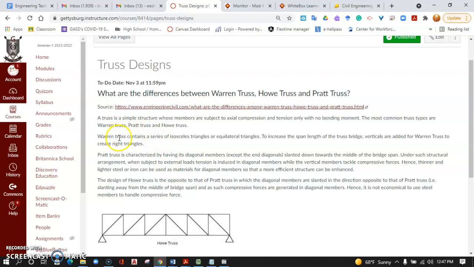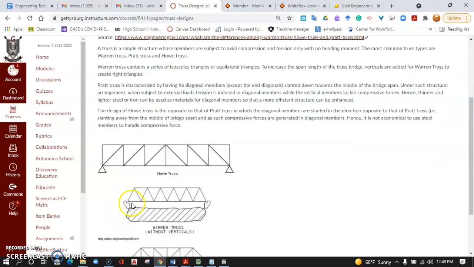So the Warren truss is a set of equilateral triangles, and that Warren truss configuration more or less equally distributes tension and compression across the members depending how it is loaded. It is more of a dynamic design than the Howe and the Pratt designs.